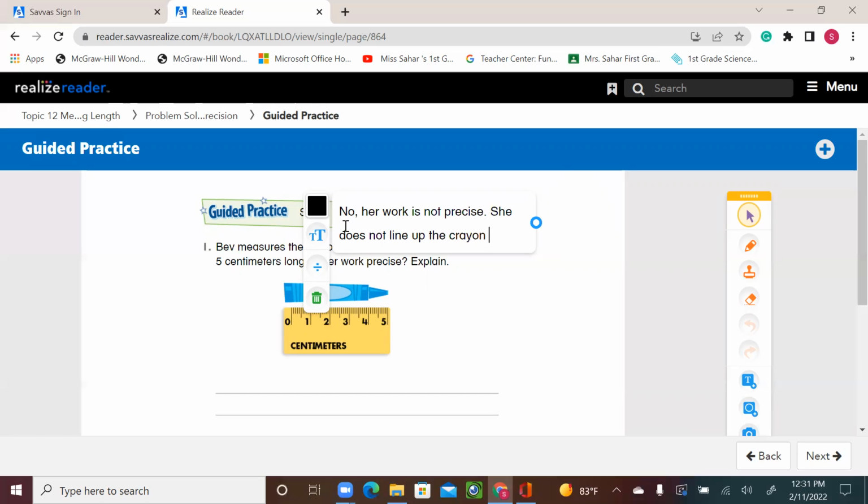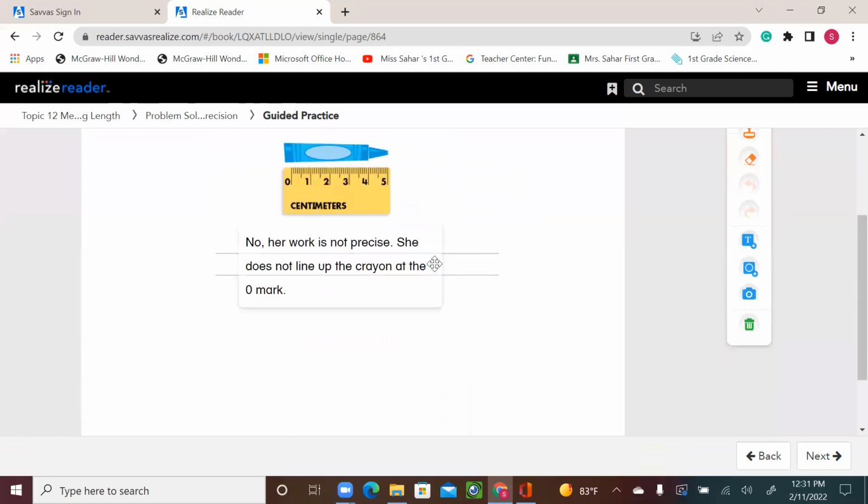She started from the beginning of the ruler, but as we see the measurement over here, this is where the 0 starts, but she started before that, so not at the 0 mark. Okay, so put this down.